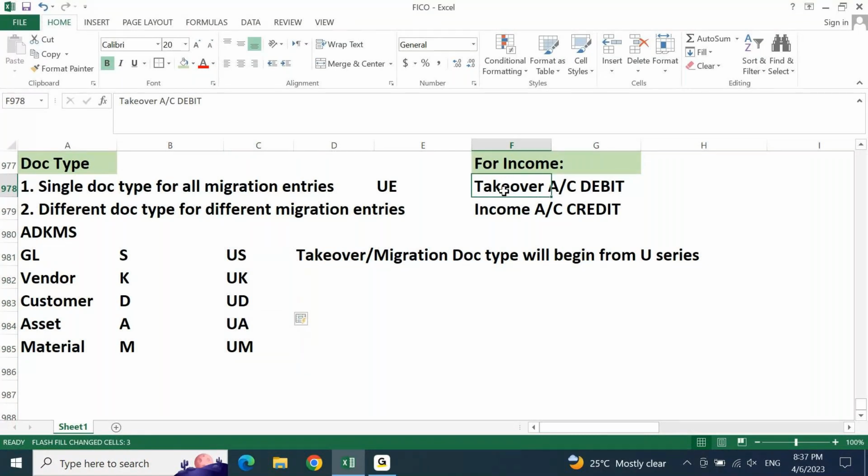All takeover accounts must contain only entries in this document type, and if you pull out the takeover accounts altogether, the balance must be 0. Once migration is completed, you block all these takeover accounts so that nobody can post entries to them. Any entry posted in a takeover account after migration will lead to serious reconciliation problems.